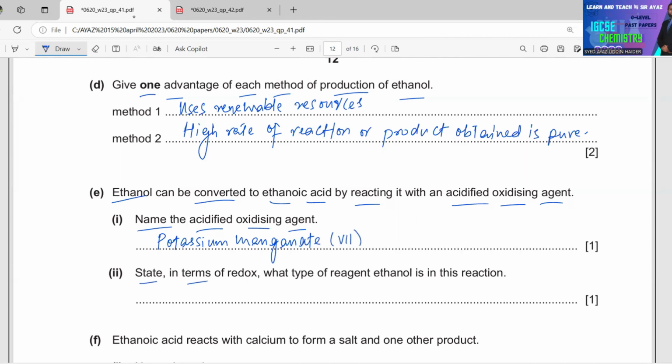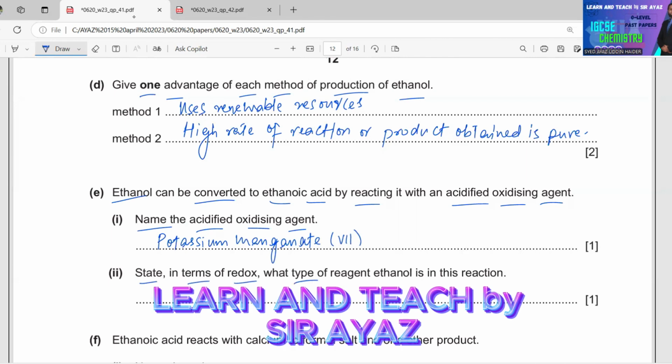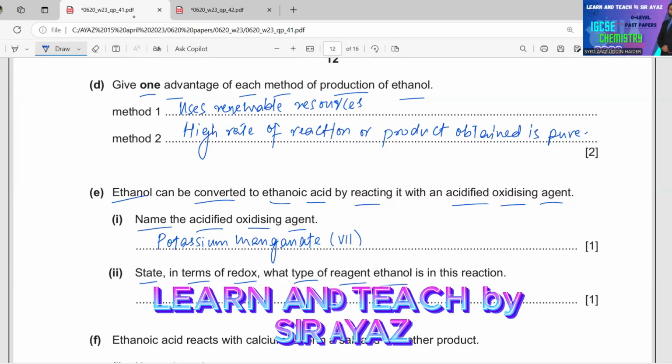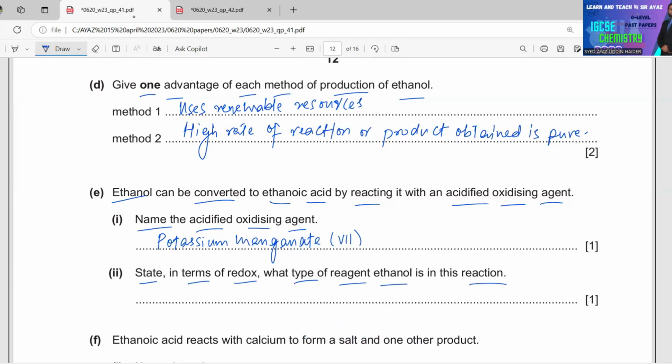Number 2, state in terms of redox what type of reagent ethanol is in this reaction. Definitely, if potassium manganate is the oxidizing agent, so ethanol must be the reductant or reducing agent in this reaction. So we will write reducing agent.